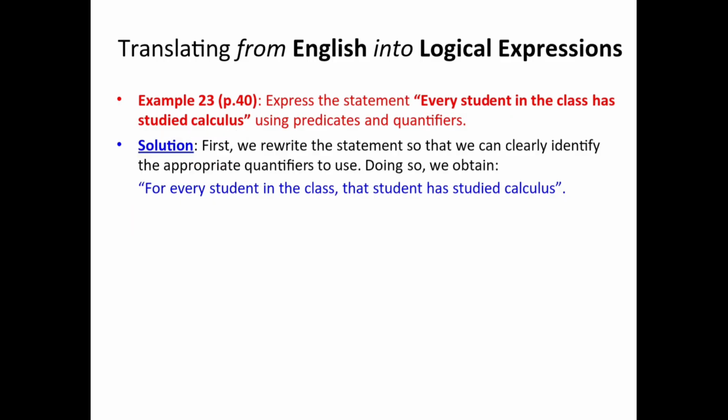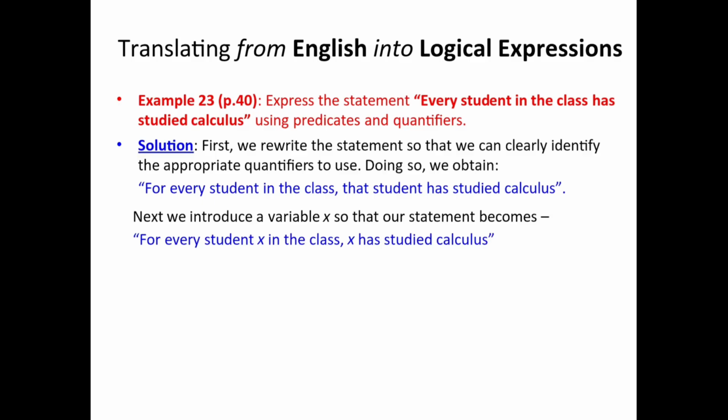Next, now that we are done rewriting it, we now introduce a variable x so that our statement becomes, we refer to the variable x as the student. So for every student x in the class, x has studied calculus.